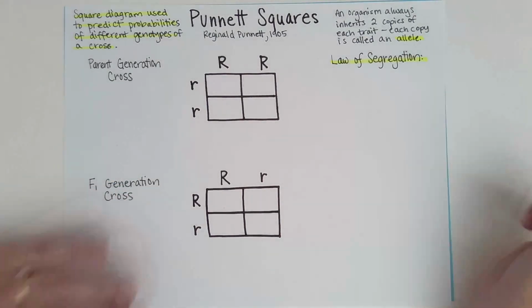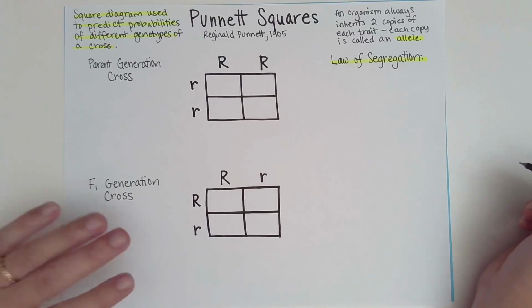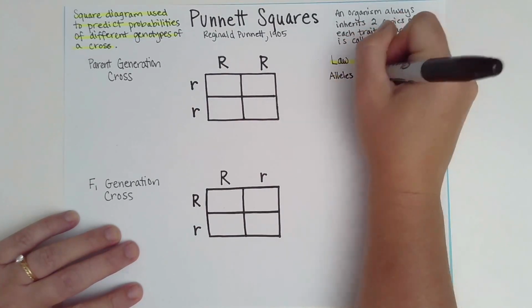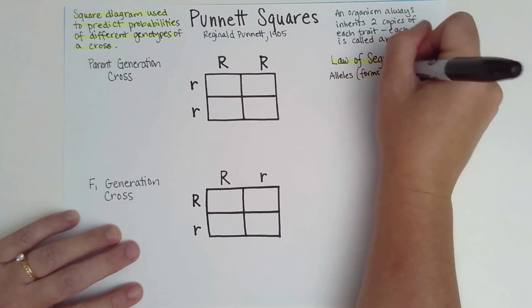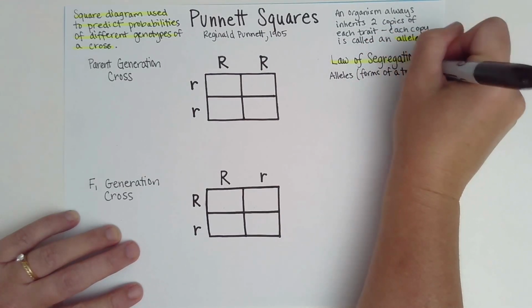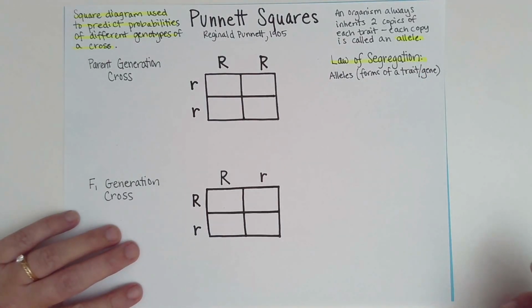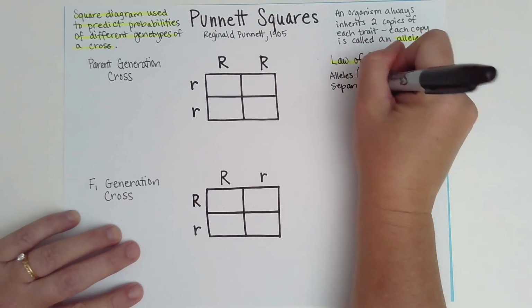So the law of segregation is that when the sperm and eggs are formed, those 2 copies that you have get separated. So the alleles, which is just a technical term for the forms of a trait, and I'm using the words trait and gene interchangeably here for simple genetics, will separate during meiosis.